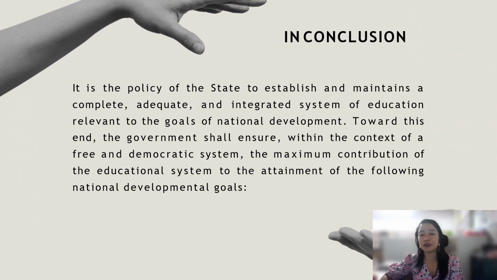So, in conclusion, Batas Pambansa Bilang 232: it is the policy of the state to establish and maintain a complete, adequate, and integrated system of education relevant to the goals of national development. Toward this end, the government shall ensure, within the context of a free and democratic system, the maximum contribution of the educational system to the attainment of the following national developmental goals.